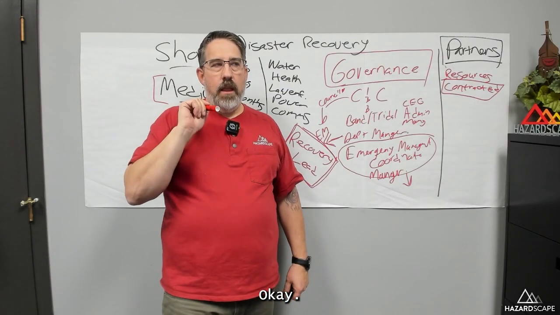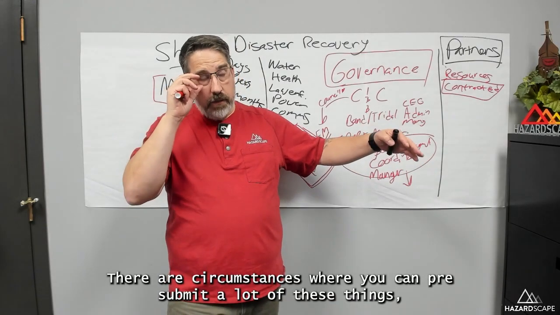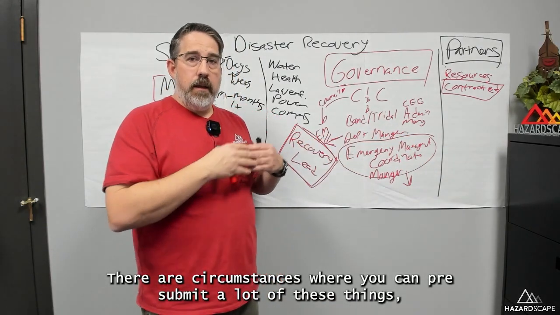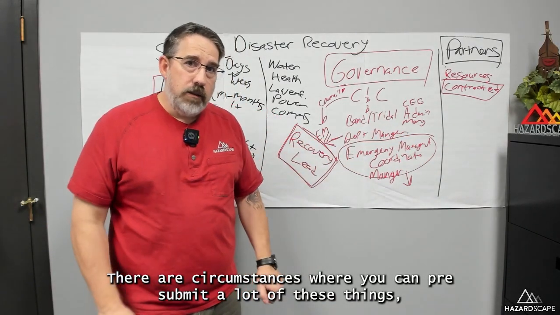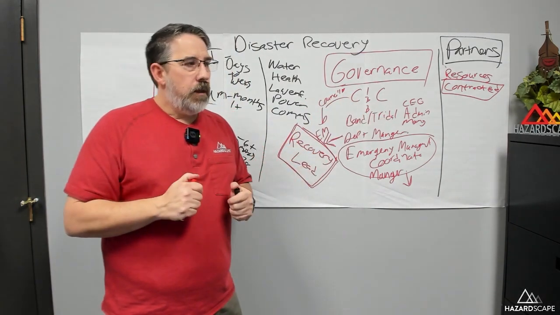Okay? There are circumstances where you can get advances, and we have a video on that. There are circumstances where you can pre-submit a lot of these things to get the funding to pay your contractors.